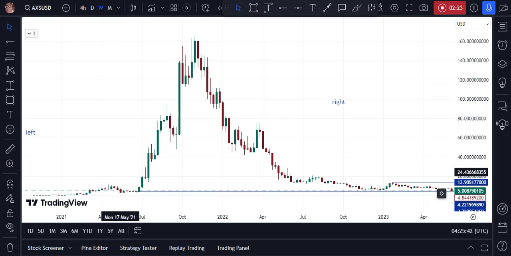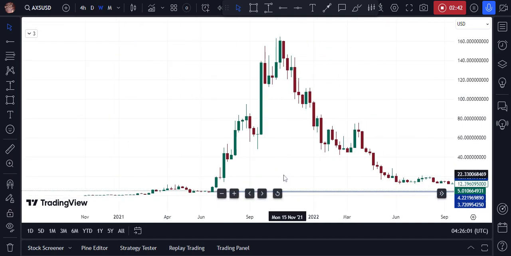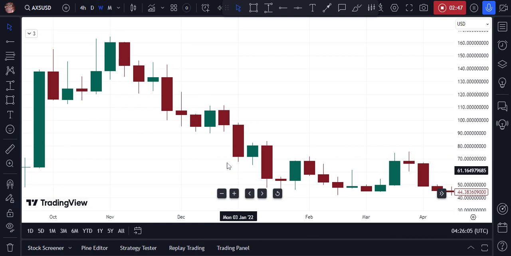If you can hold this to heart, I think it will help you. Whatsoever happens on the left, be sure that it is going to happen to the right. So looking at this, I was able to map out a very important demand zone on the right side.